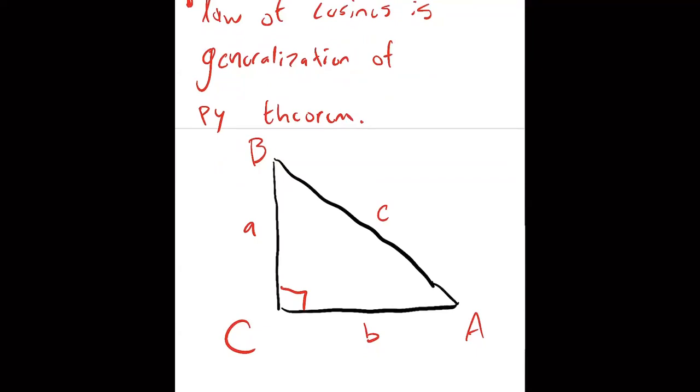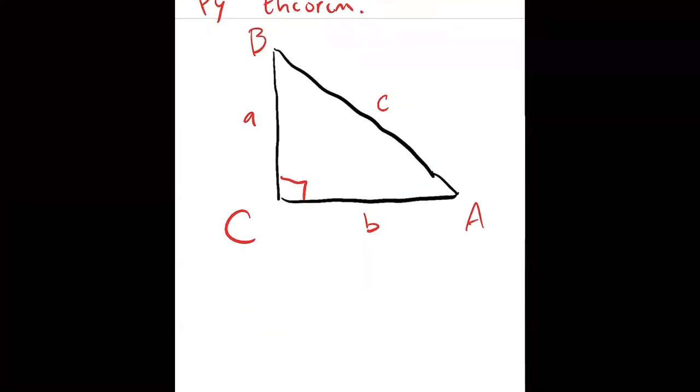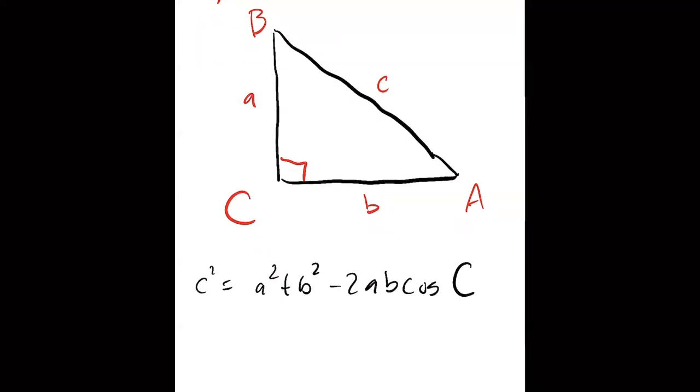So if we apply the law of cosines to this right triangle, we want to apply it to this angle of 90 degrees. And so we're going to get C squared is equal to A squared plus B squared minus 2AB times cosine of big C. And now if we fill in what we know, cosine of C should be equal to cosine of 90 degrees.